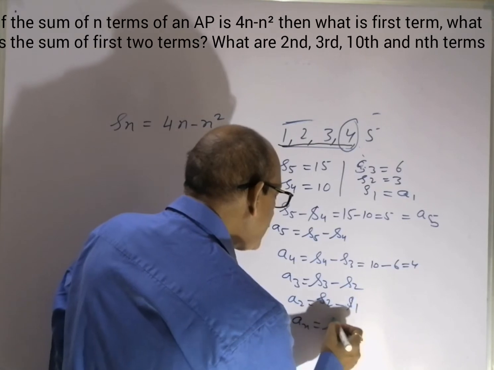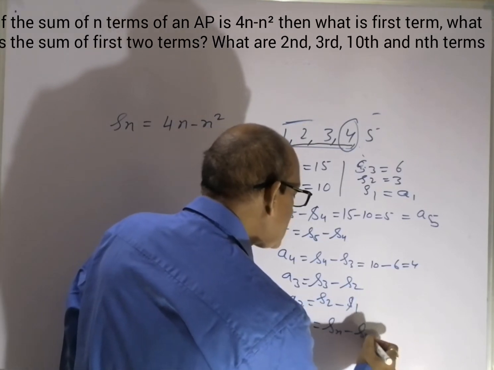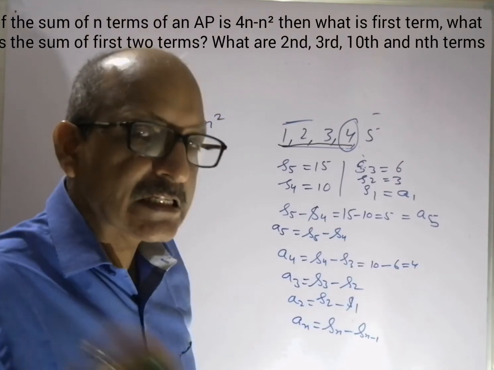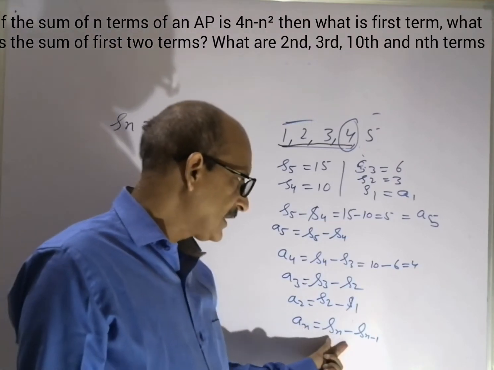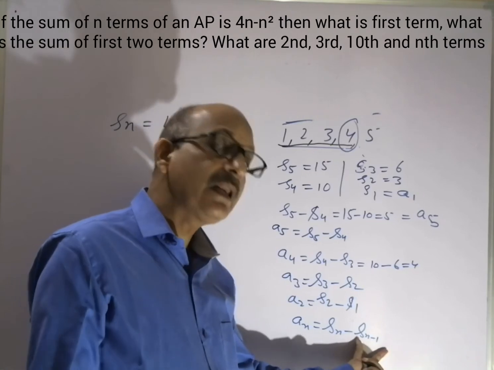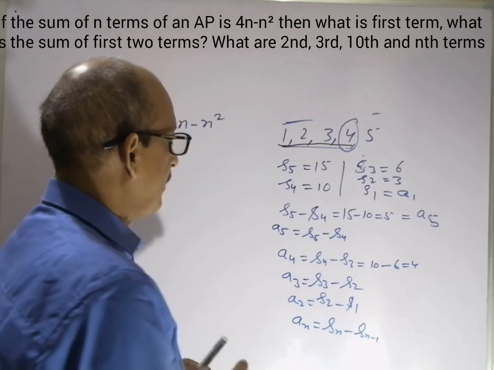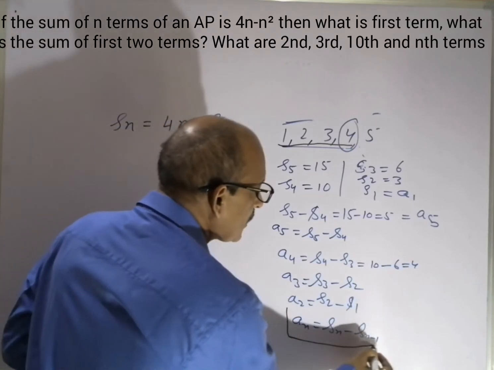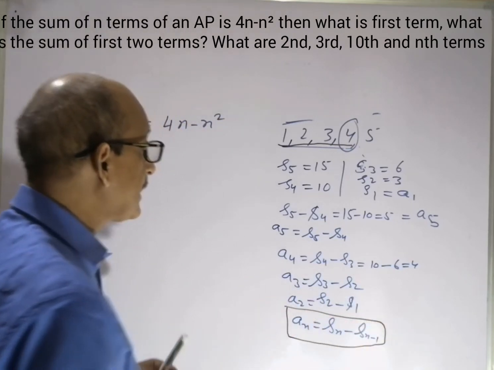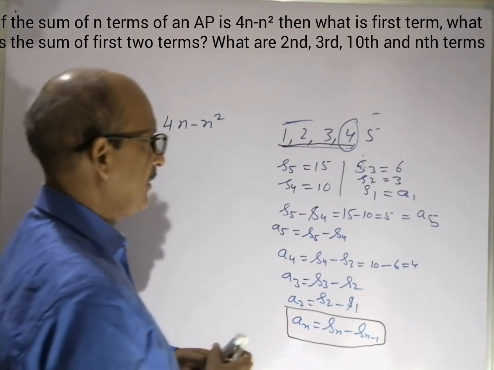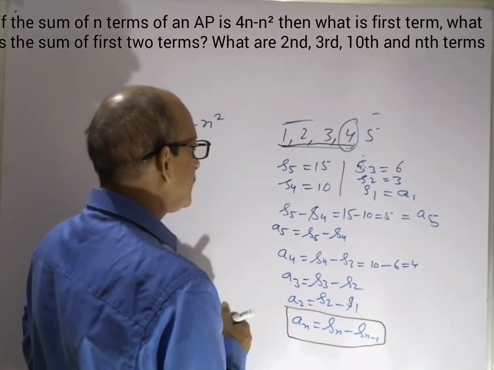An is equal to Sn minus S(n minus 1): sum of n terms minus sum of 1 less terms. So that is the developed formula for An. But without the use of this formula also we can get An. How is it so? Let's see. But this formula should be taken in care.